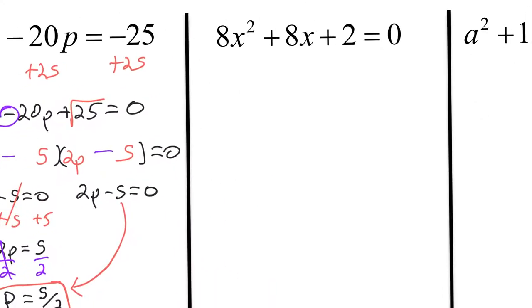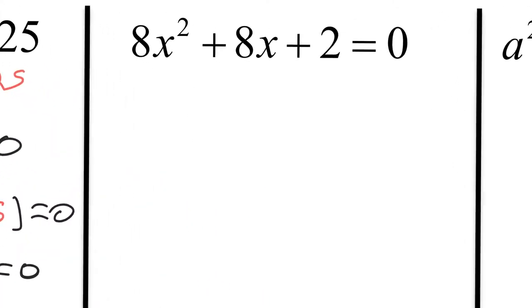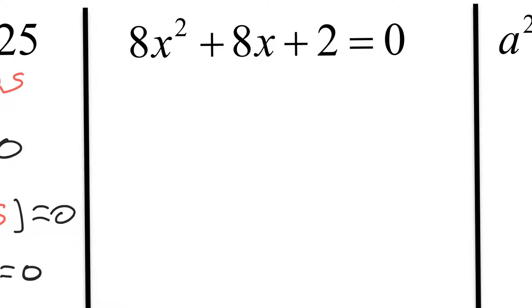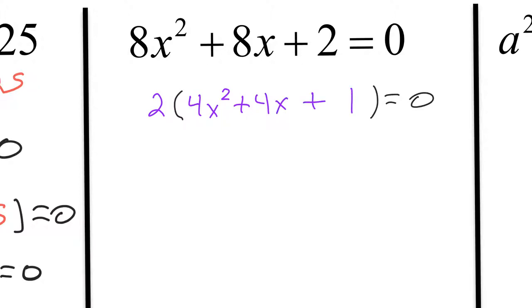So the next one here, same idea. You have a trinomial, but I noticed that you can factor out a 2. So I'm going to have a parenthesis equal to 0. I'm going to put the 2 outside, and inside I'm going to have 4x squared plus 4x plus 1. The trinomial, 4x squared, that's a perfect square number. 1 is a perfect square number.